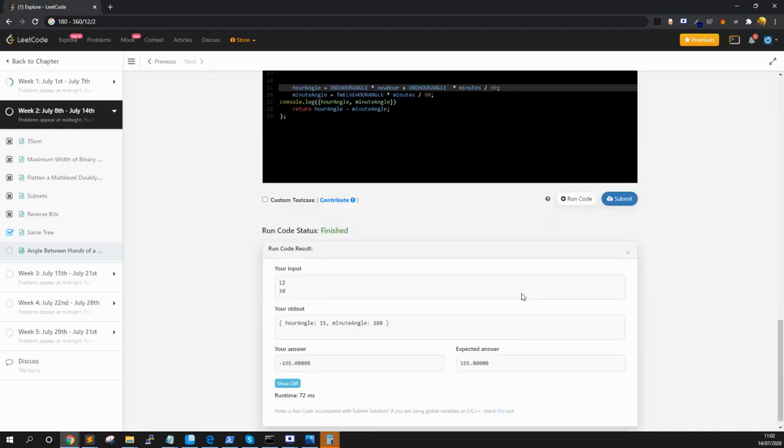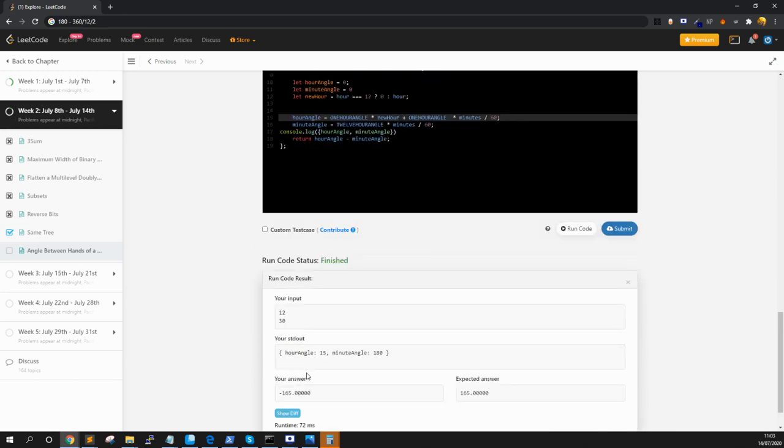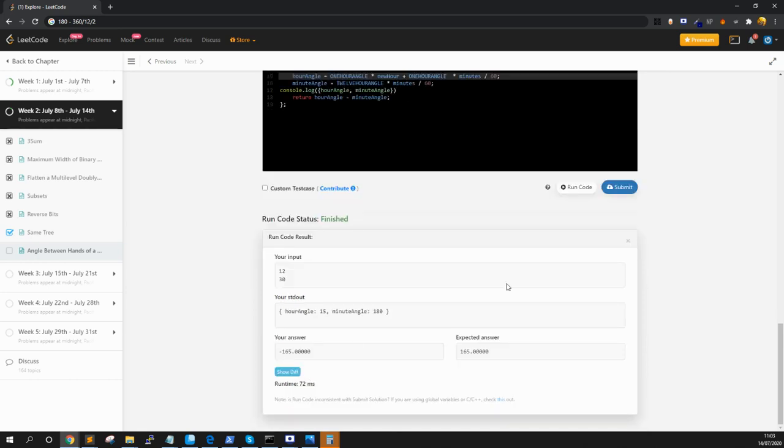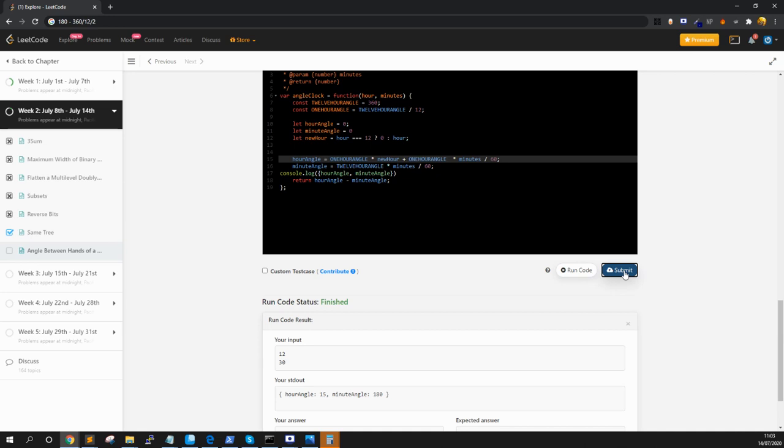Is this correct though? Because it's minus 65, so do you accept it or not? The minute is always not going to be ahead of the hour. Let's chance it and see if it's accepted.